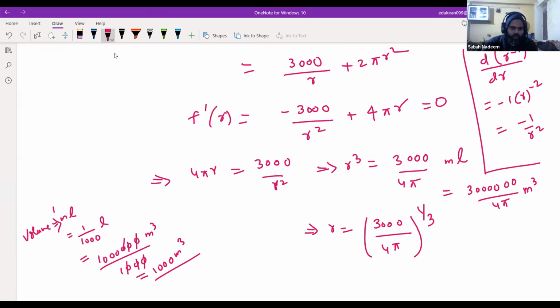Now when you take the cube root, r is equal to 20 root over 3 by 4 pi into 100 meter. Meter cube will become meter. So the radius is root 3 by 4 pi into 100 meter.